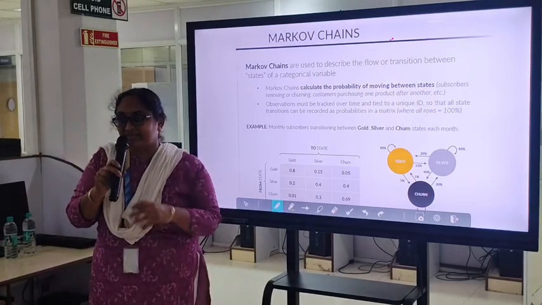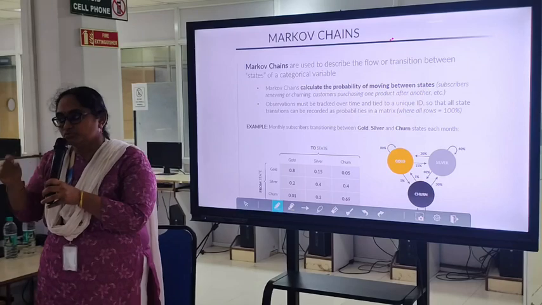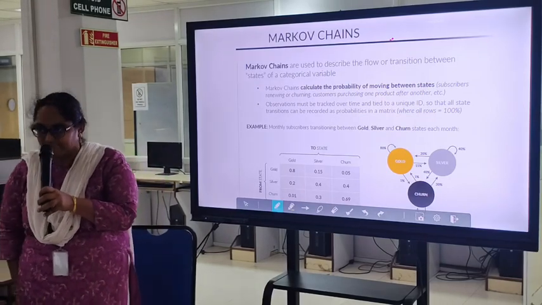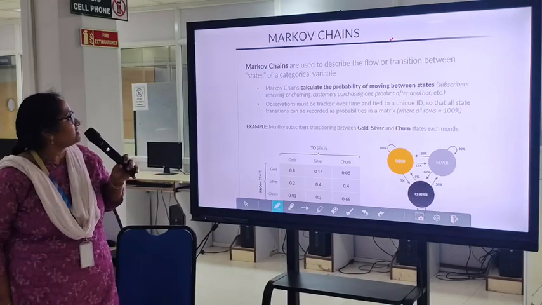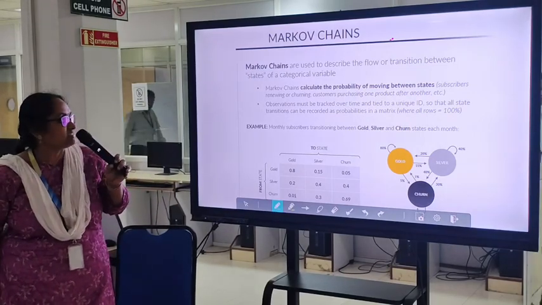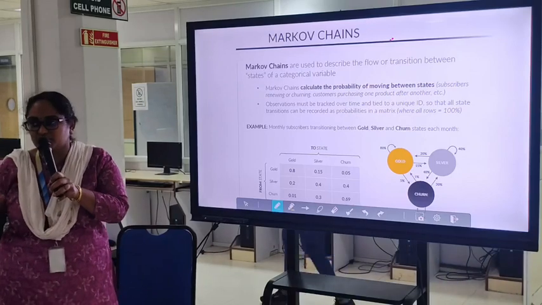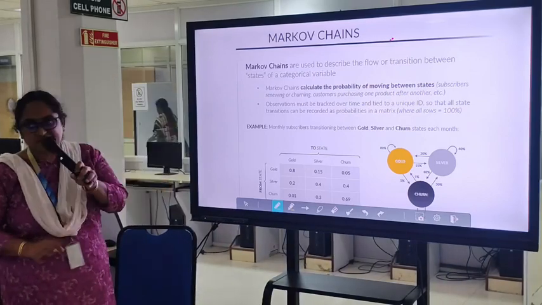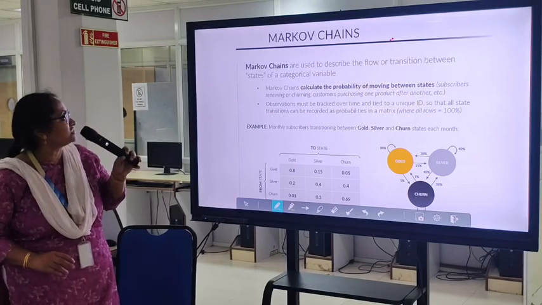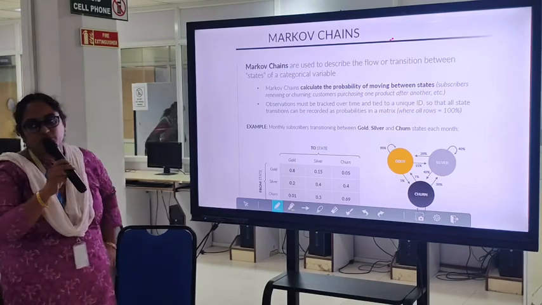It will be useful for any research scholars if they wish to do a use case with any of these applications. So they are used for identifying the transition, or actually for association rule mining. And one of the best examples I am giving here is that they are used to identify the flow of transition between the states of a categorical variable.